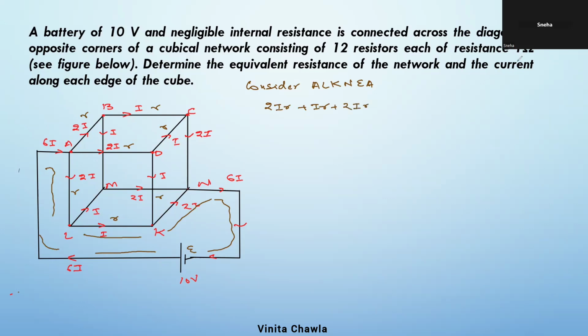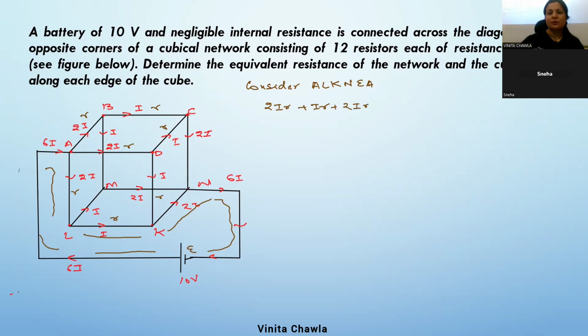It is equal to, now see, we have to find the equivalent resistance across these two diagonally opposite ends, A and N. One minute, let me complete this first. Let capital R be the equivalent resistance of this circuit.